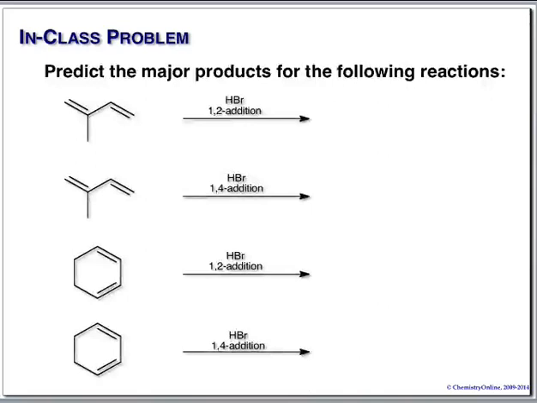Take each of these. What I like to do is to look at them and say to myself, what is the most stable carbocation? Because that will tell you where the proton is going to add. Secondly, if we're doing 1,2, all we have to do is add halogen to that carbocation.